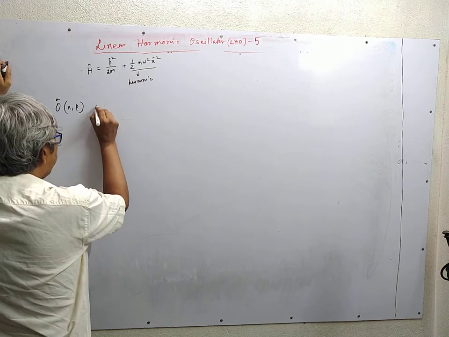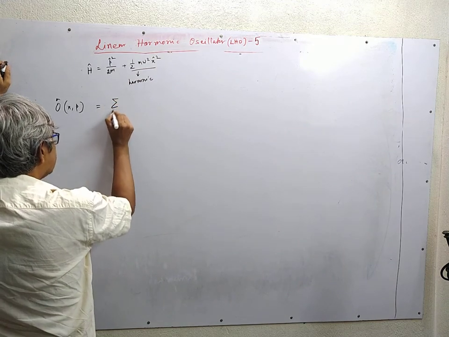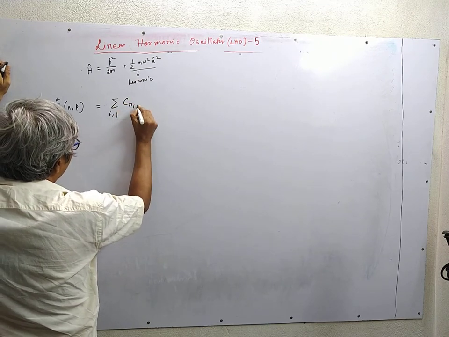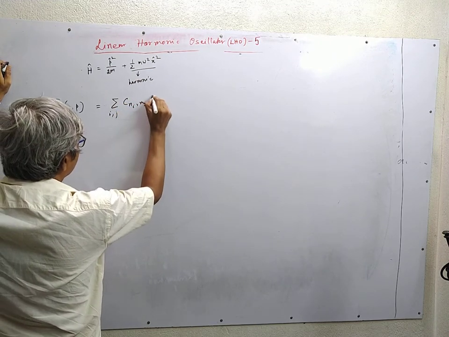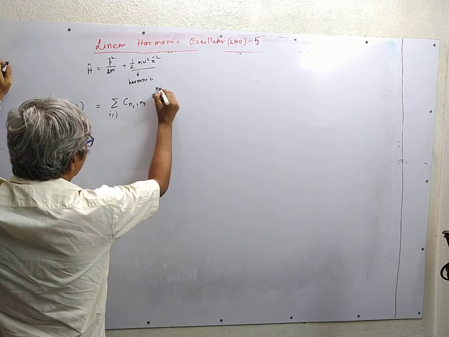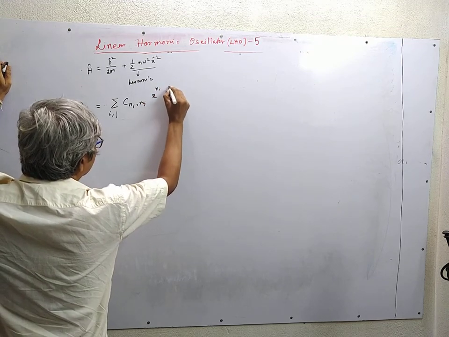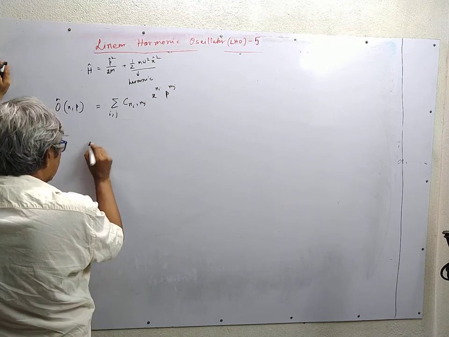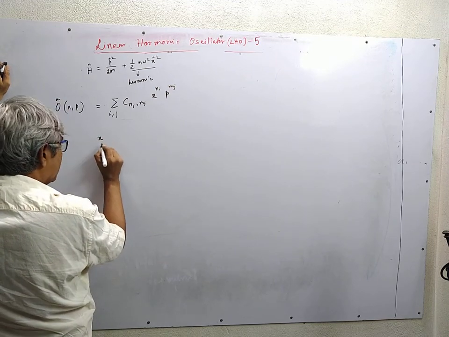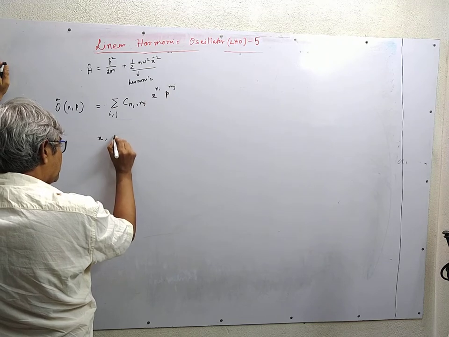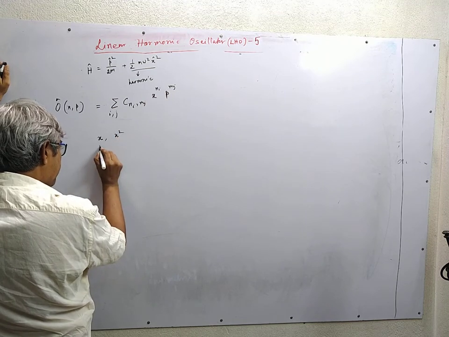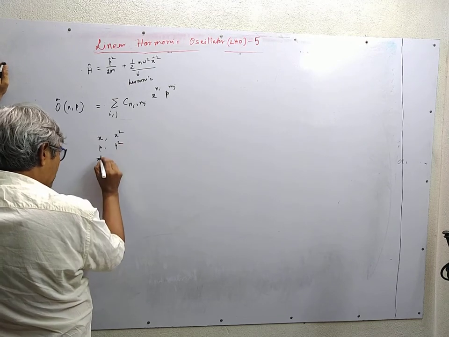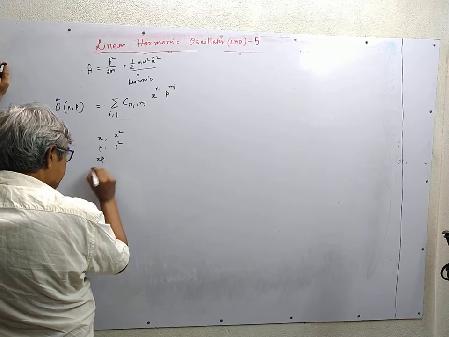Say for example, this may be summation over ij c n i m j x^(n i) p^(m j). As for example, the interaction may be proportional to x, it may be proportional to x square, it may be proportional to p, it may be proportional to p square, it may be proportional to xp.